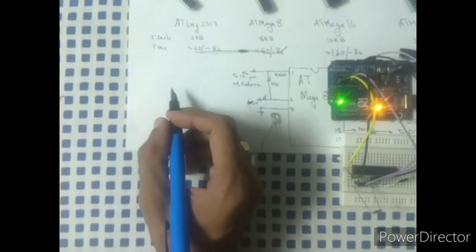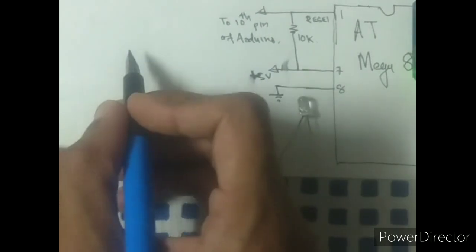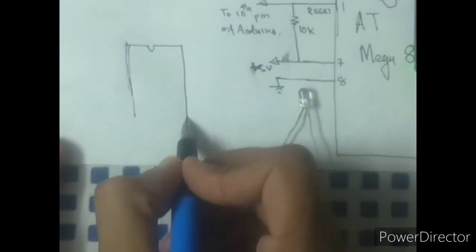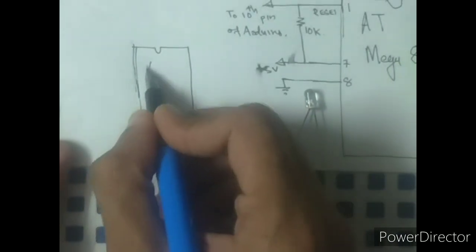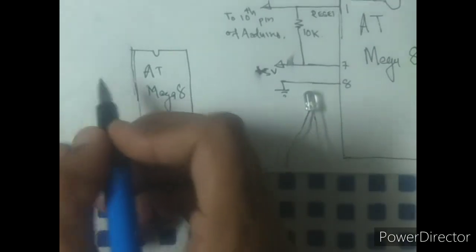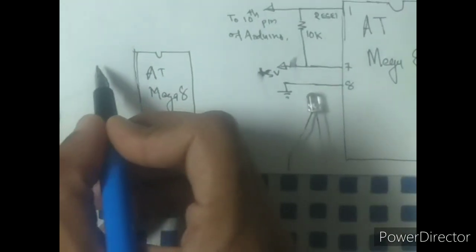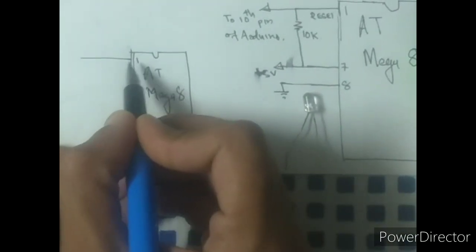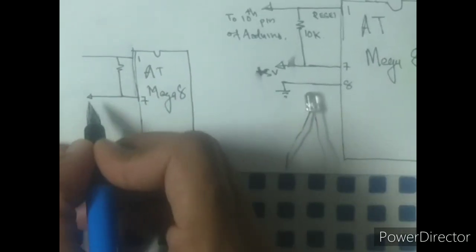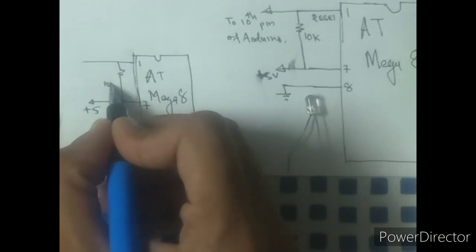Here you can see the microcontroller, ATmega 8, and its reset pin, first pin, to the 7th pin, that is the 5 volt, through a 10 kilo ohm.